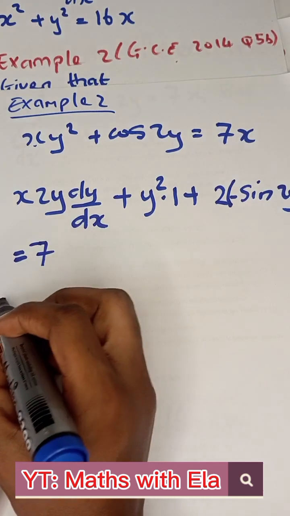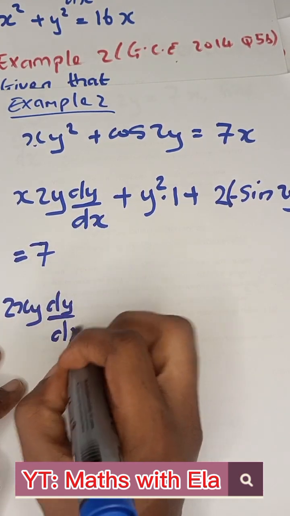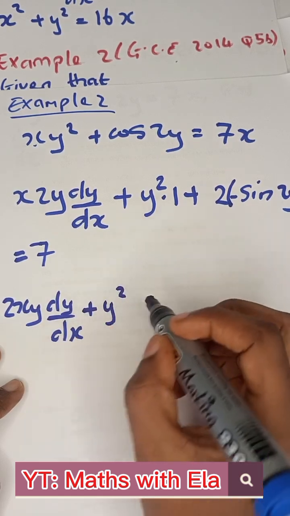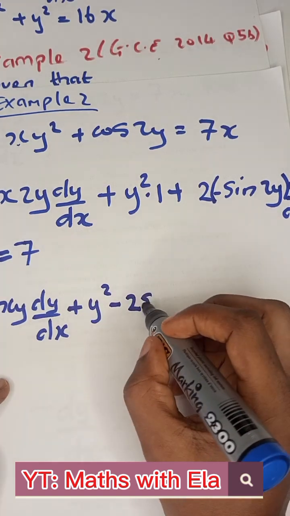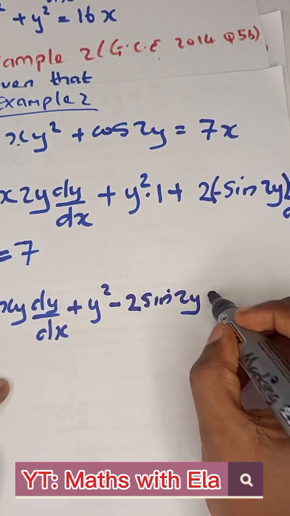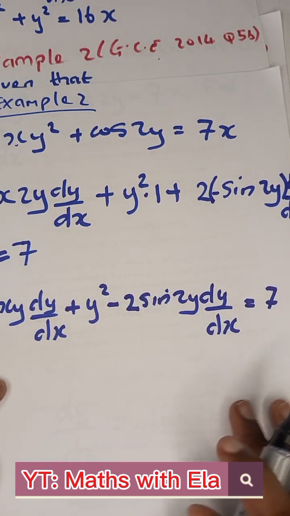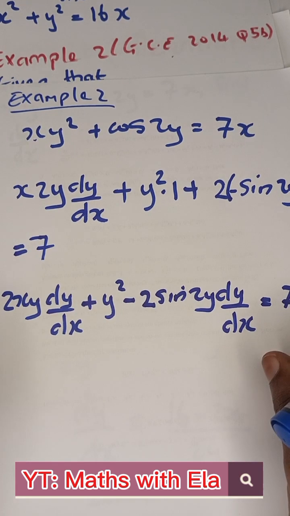So let us rearrange it and write it out nicely. We're going to have 2xy dy by dx plus y squared minus 2 sine 2y dy by dx equal 7. From here to here, I'm just multiplying to make it look better.